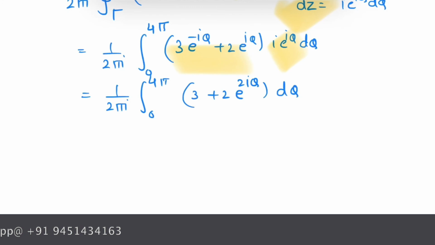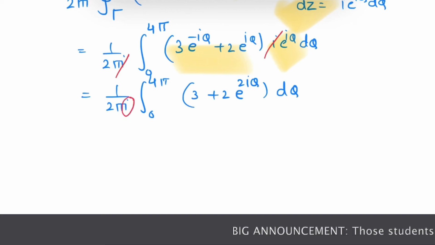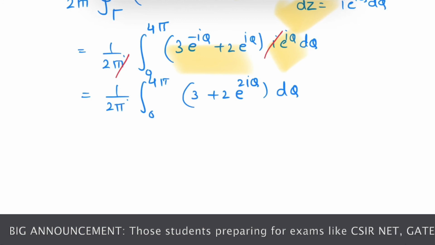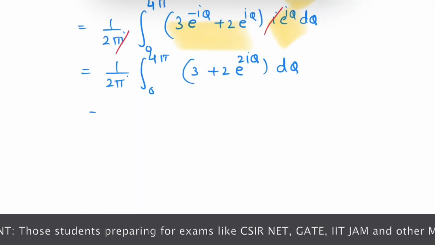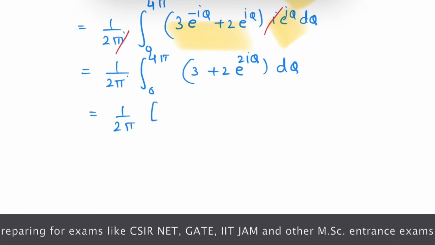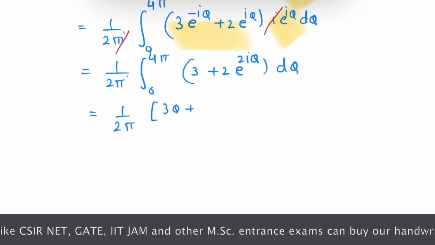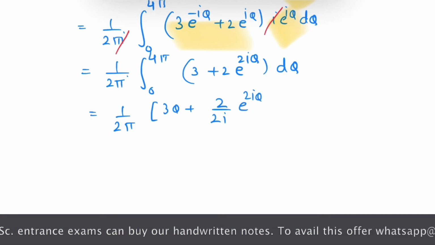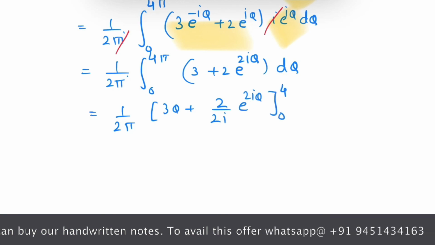And you can see this iota cancels out, so we don't have iota here. Now let's integrate. So we'll have 3 theta plus 2 over 2 iota e raised to 2 iota theta, and the limit is from 0 to 4 pi.